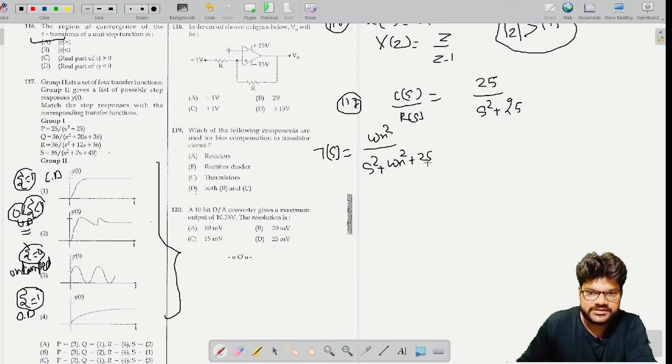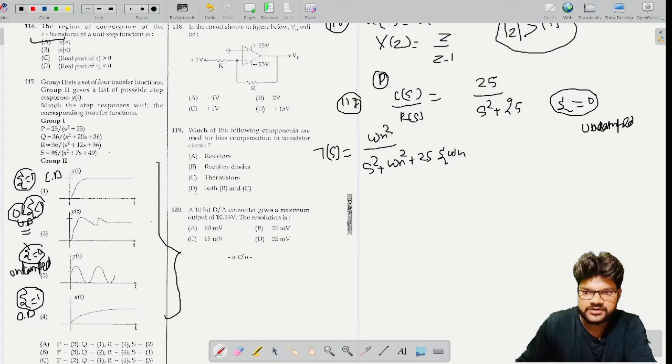In case of P, the zeta term is 0, because the 2 zeta omega n term is not there, so zeta has to be 0. So this has to be an undamped system. So this P will be undamped, and undamped is third.